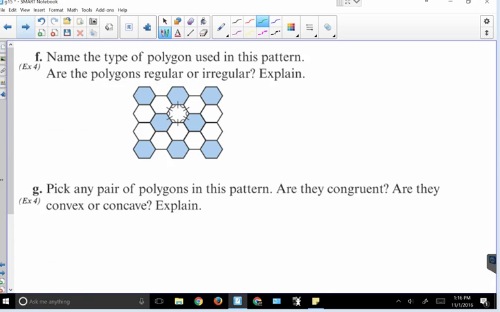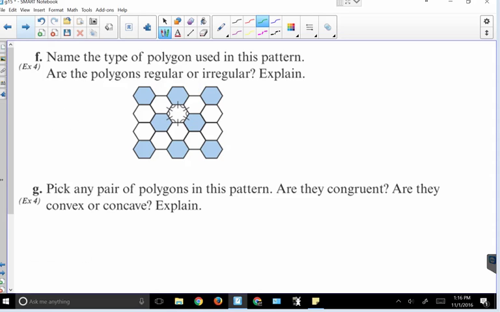So, if I got to name the type of polygons used in this pattern, are the polygons regular or irregular? Regular. They would have to be in order to make this kind of a pattern, correct? Okay. Are any of the polygons going to be congruent? Would they all be congruent?